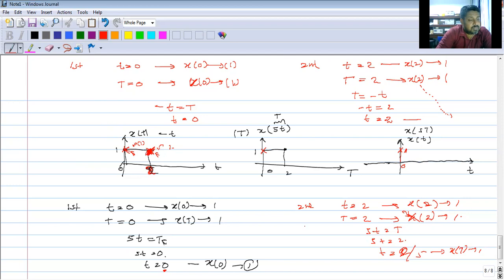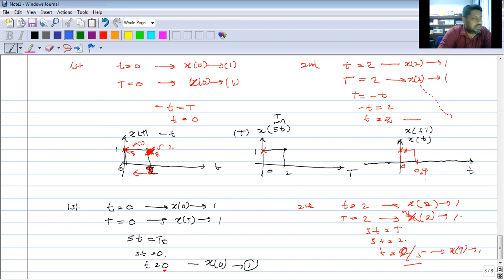Now, what is the position for the second point? It is 2 by 5, that means 0.4. So the signal ends at 0.4, like this. What happened? This signal is shrunk.